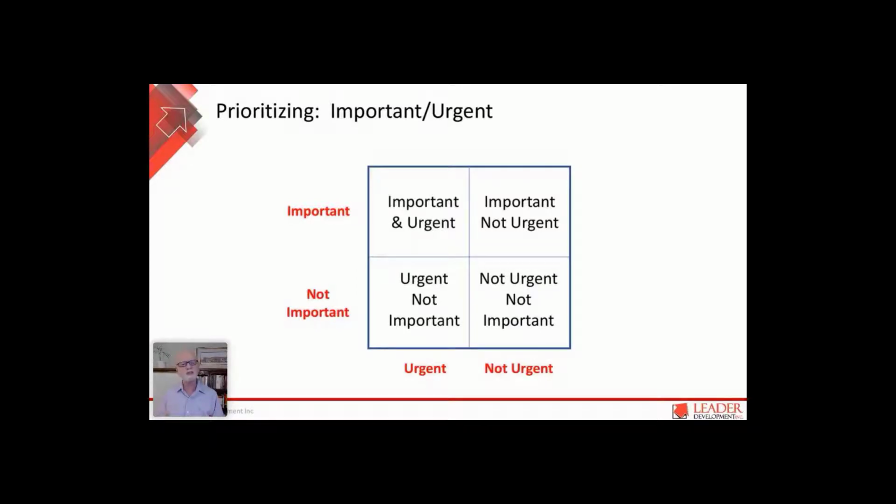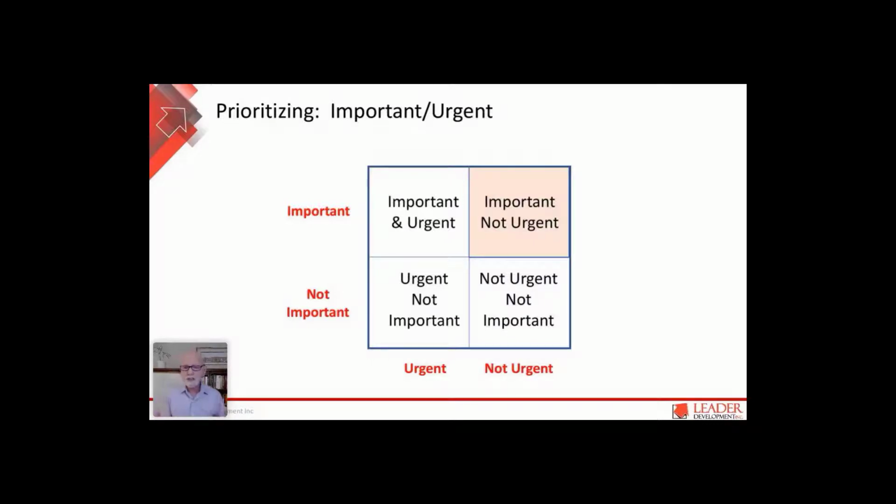Generally, we don't spend a lot of time in that one. We do a fairly good job. The problem is that we often neglect the one in the top right-hand corner, which is important but not urgent. That's fundamentally important in leadership. That's what we really need to be focusing on. The research tells us that we spend an awful lot of time in the bottom left-hand quadrant, urgent but not important.